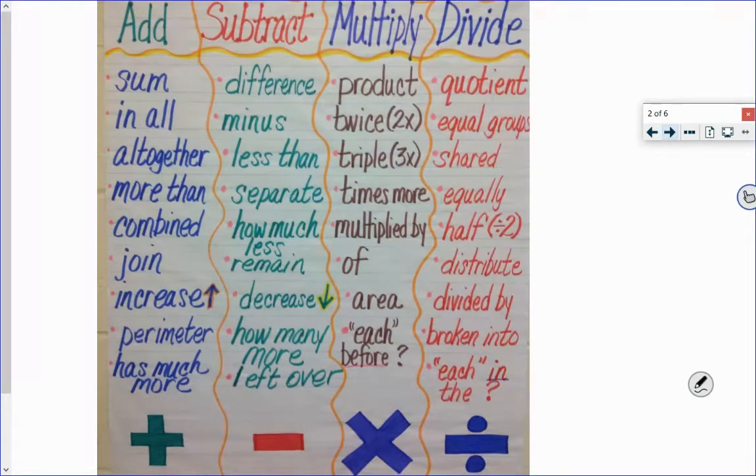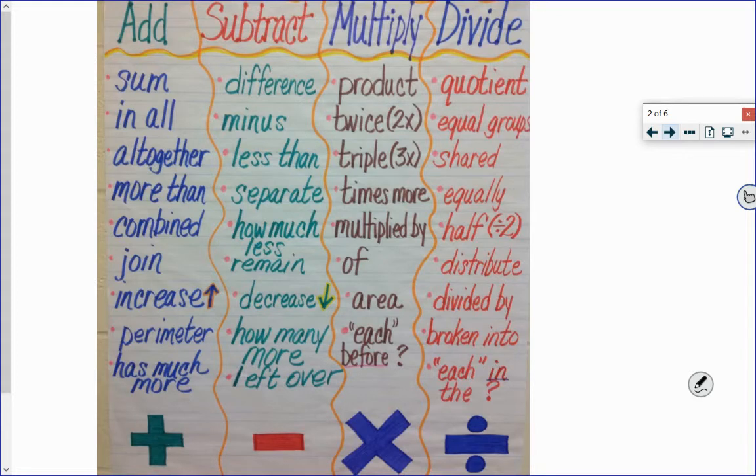Okay, so if we go down the list, to add: the sum is an answer to an addition problem. In all means everything all together. And the next word is all together, which also means to add. More than, okay, that's a possible addition word.